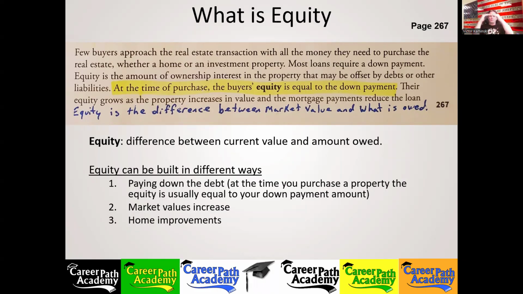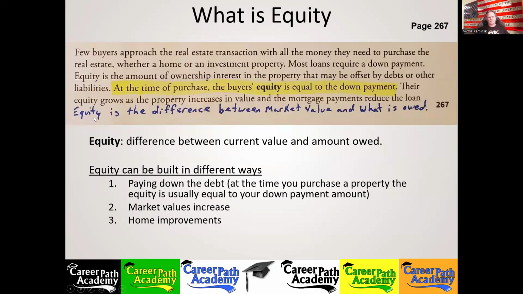At the time that you purchase a property, you make a down payment, so that down payment amount is your built-in equity. Market values can simply go up, increasing your equity, or you can do home improvements, further increasing equity.